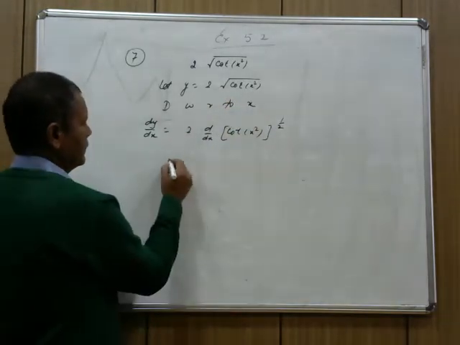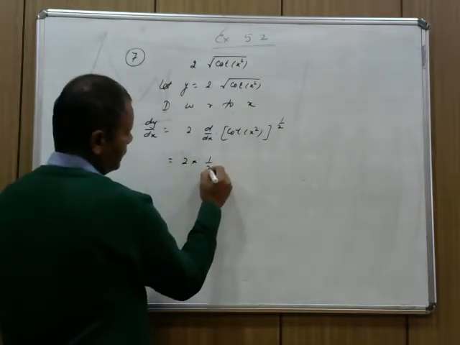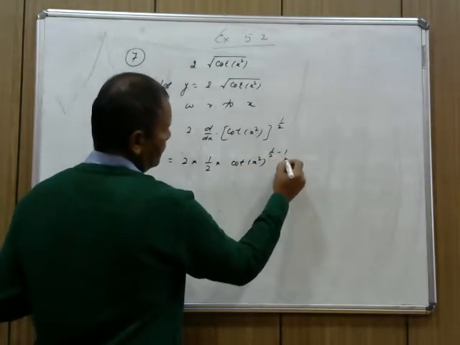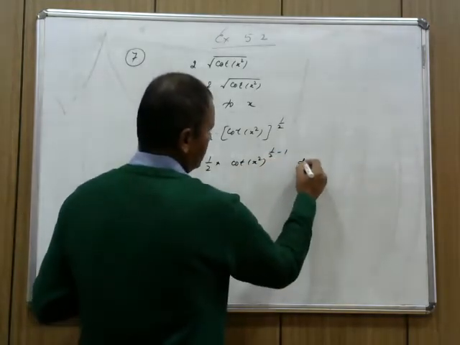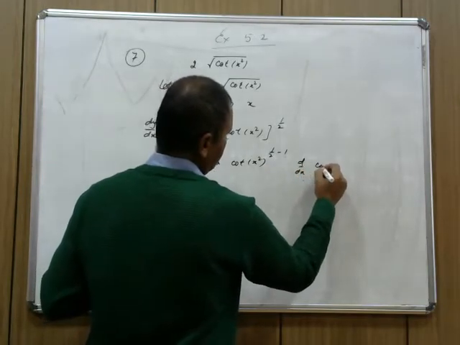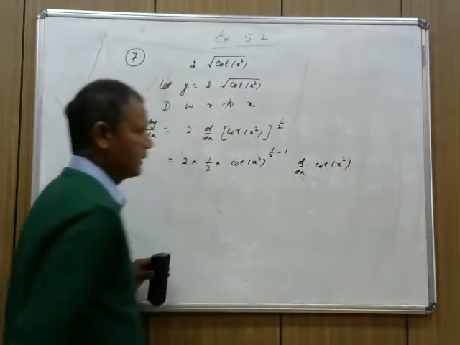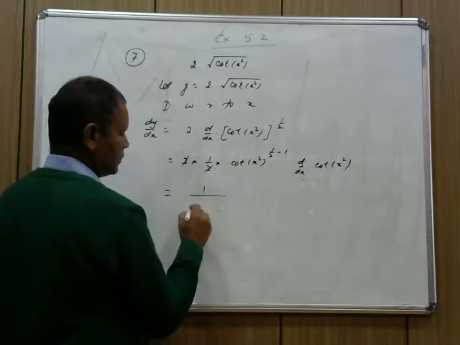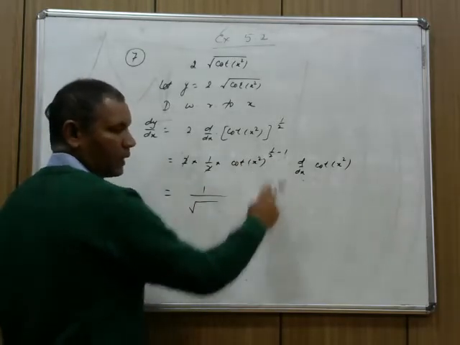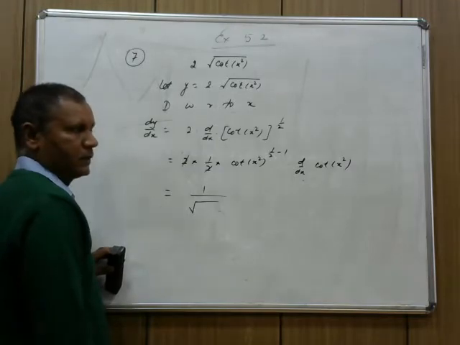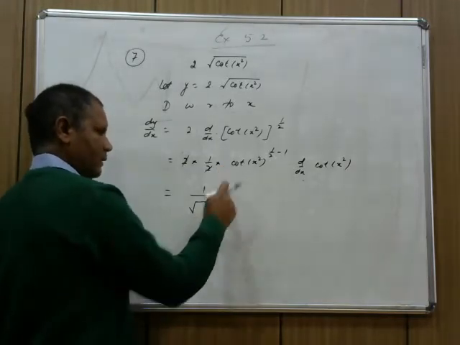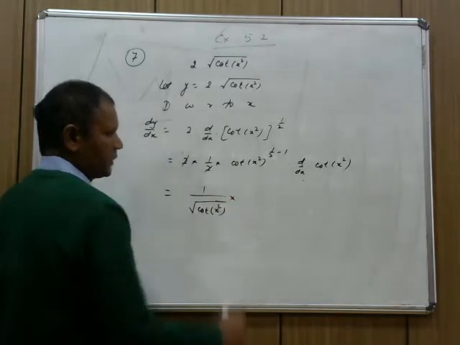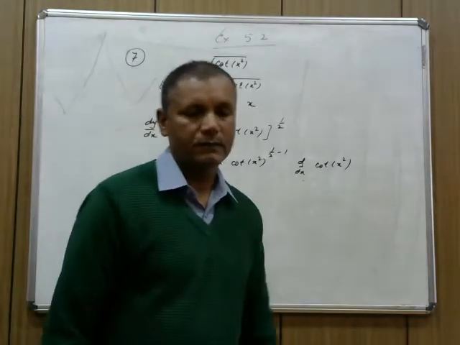This will be 2 into power into function to the power minus 1 into differentiation of cot x square. Now this will give you 2 and 2 is cancelled. 1 upon under root, because cot x square to the power half minus 1, half minus 1 is minus half, that means under root cot x square, into differentiation of cot x square.